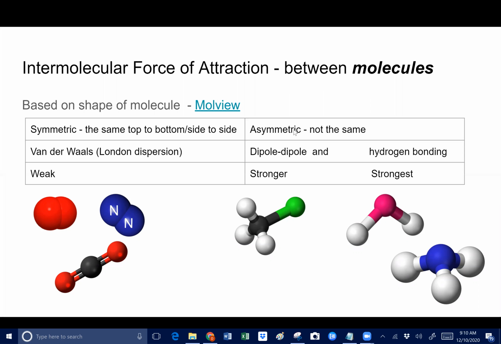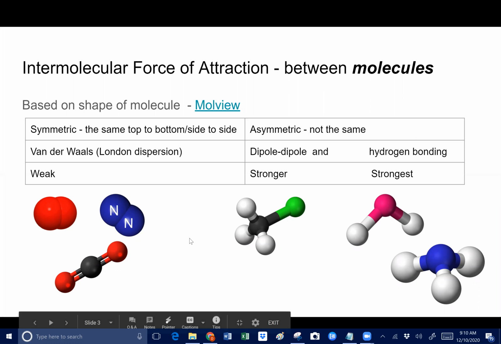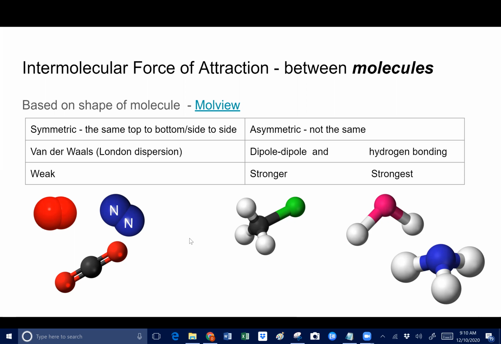And number two, they're unique units, like an N2 molecule or a CO2 molecule. They're not a whole bunch of atoms attracted to each other in a big, huge network of atoms. So intermolecular forces of attraction are between molecules.